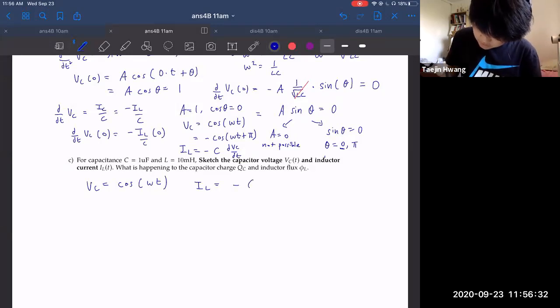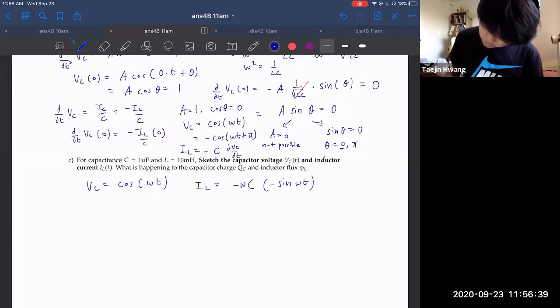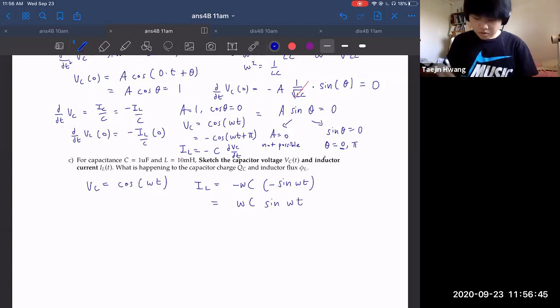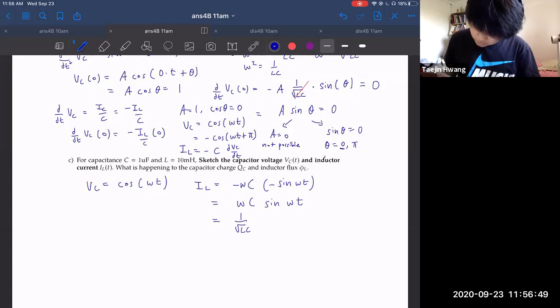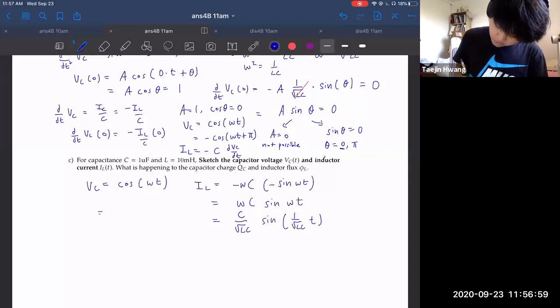Then you're going to get omega C sine of omega t. And if you plug in all the numbers, it's going to be C over the square root of LC times sine of 1 over square root of LC t. And similarly, we're going to have cosine of 1 over square root of LC t.